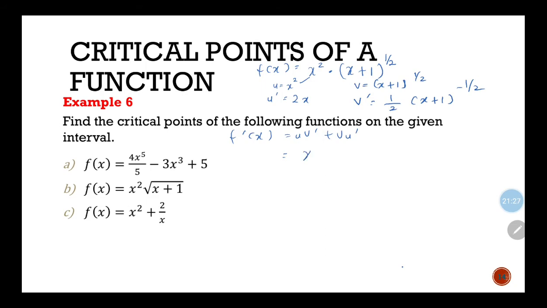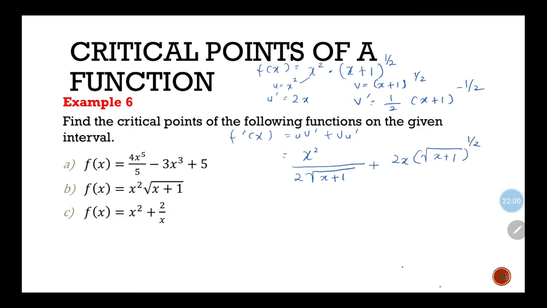uv prime is x squared times one half x plus 1 to the power of minus half, plus 2x times x plus 1 to the power of half.